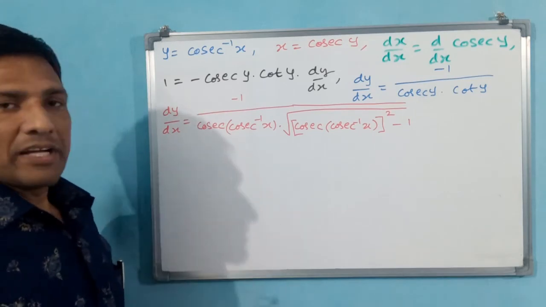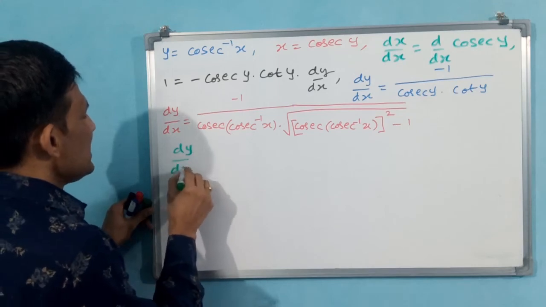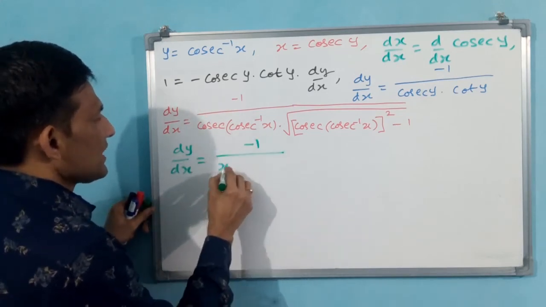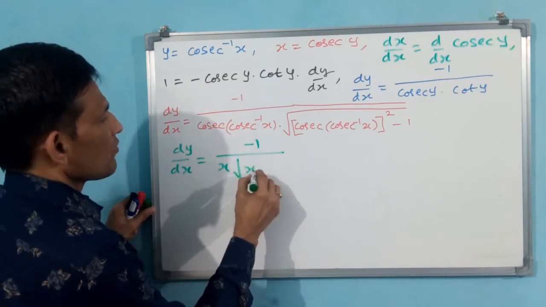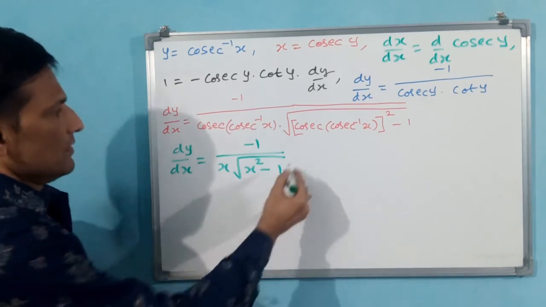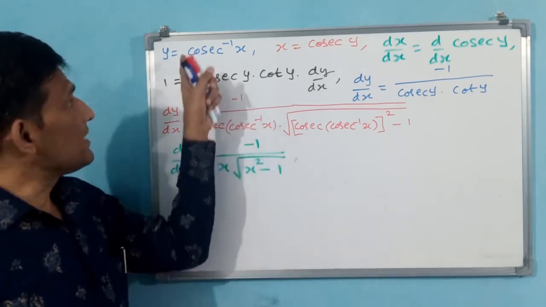Now what result is going to come? dy by dx is equal to minus 1 by, this is going to become x, this is going to become x square minus 1 but under root. But you write it in the standard form.